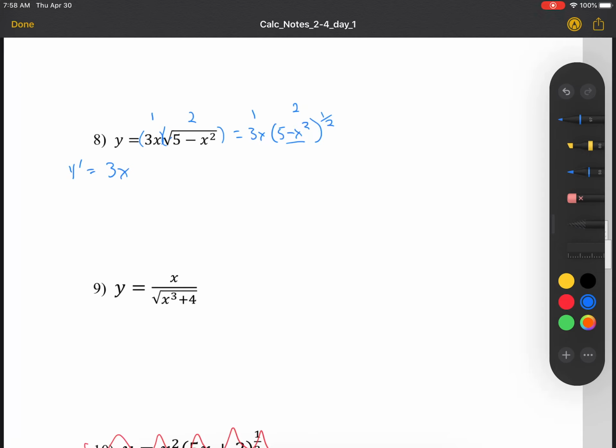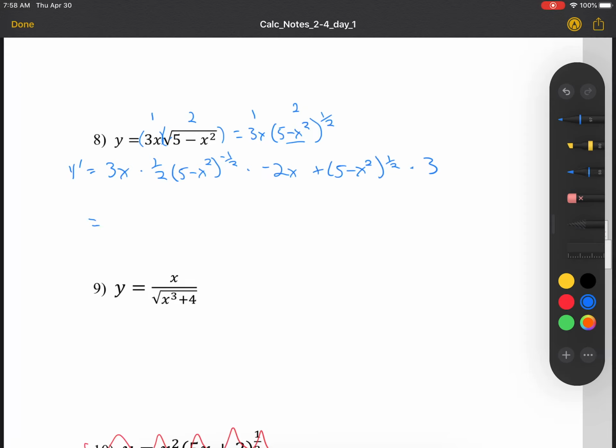So when we keep going, now we're going to take our derivative. We got our first term times our second term, plus 5 minus x squared to the 1/2 times 3.